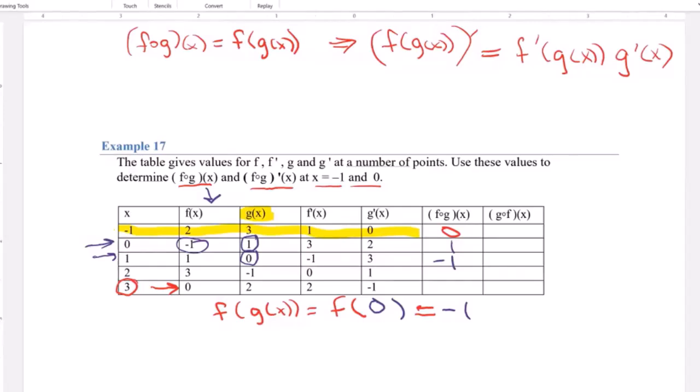And then, almost done. Next, we have f of -1, which is equal to, now I go back up to the top, 2. So this is equal to 2.